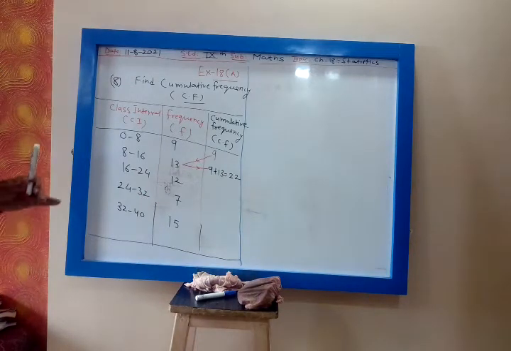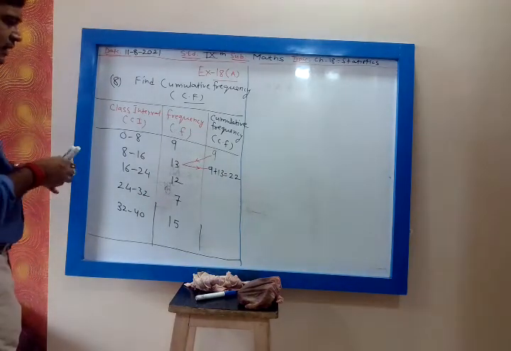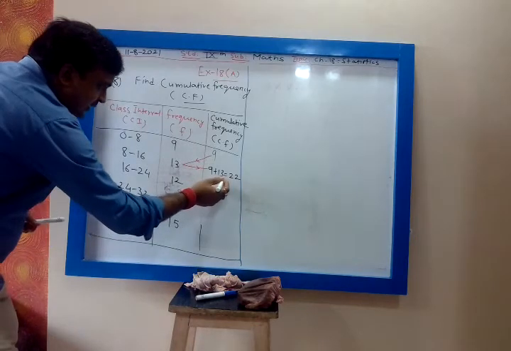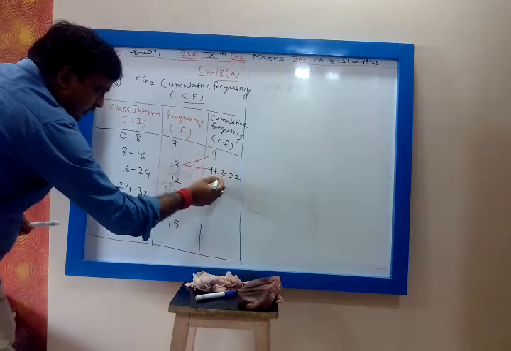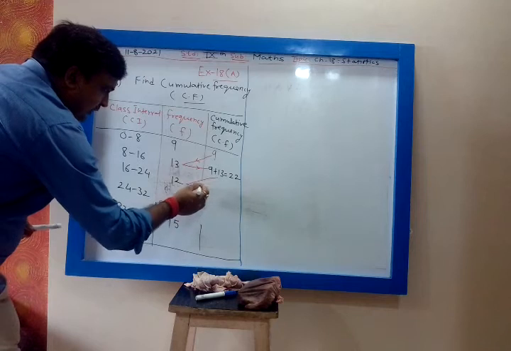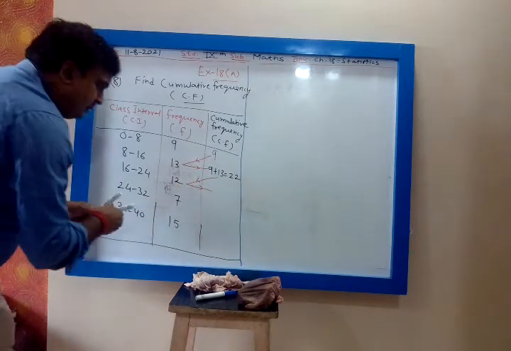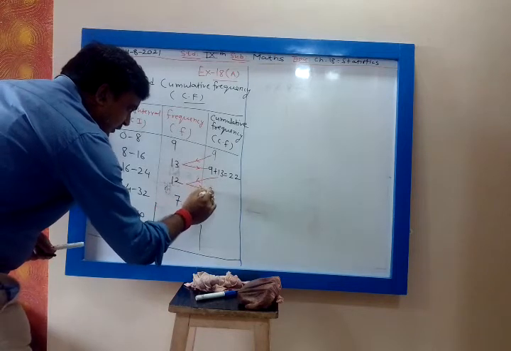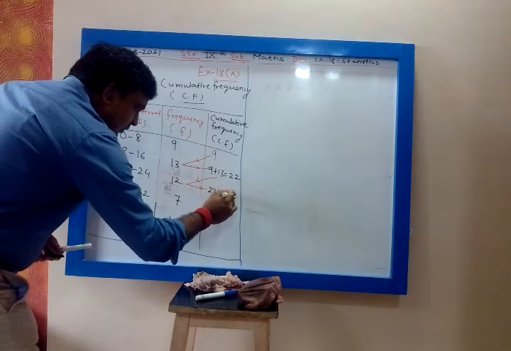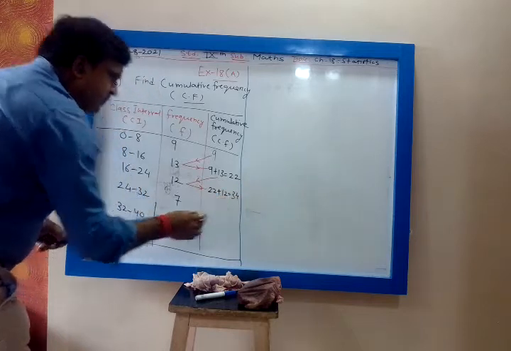How will we find the next CF? To this 22, add 12. 22 plus 12, that is 34.